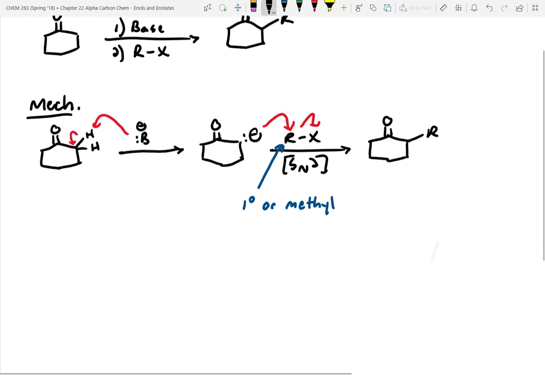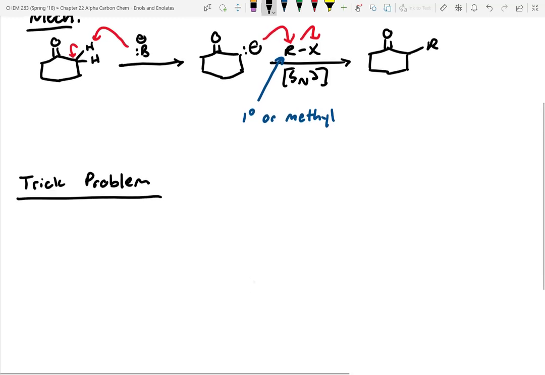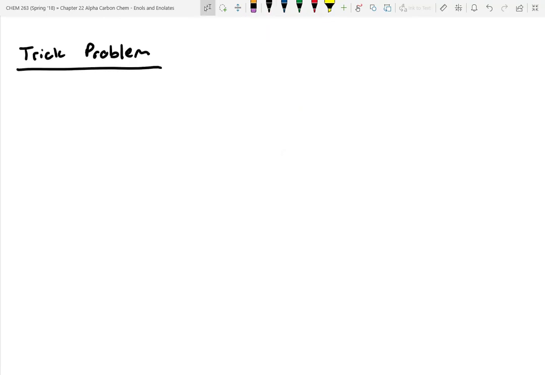All right, now I've got a trickier problem for you. Let's assume our starting material is not symmetric and you have two different types of alpha protons. So in this compound, I have a methyl group over here, and I've got a blue alpha proton over here, and I've got green alpha protons on the left-hand side, right?